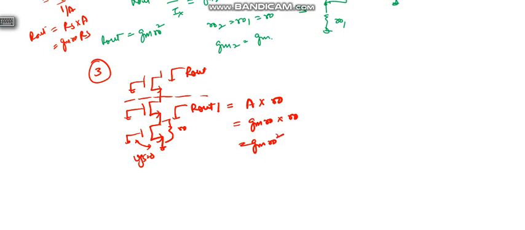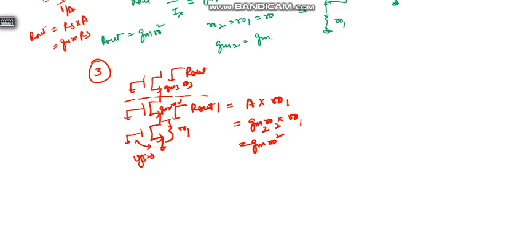I am assuming that all devices have the same RO and the same gm, or you can consider that this is RO1, this is gm2 RO2, gm3 RO3. In this way you can think. But if we consider RO is the same and all gms are the same, then it is gm RO square.